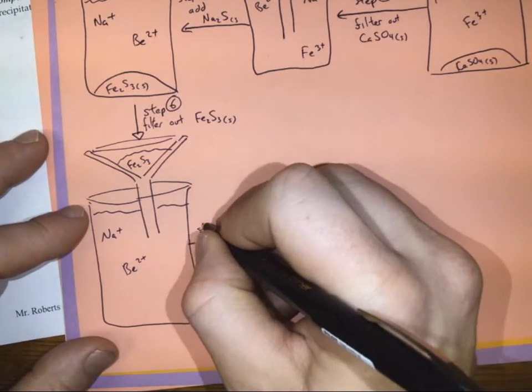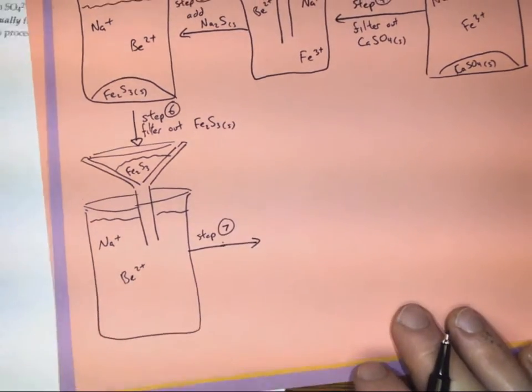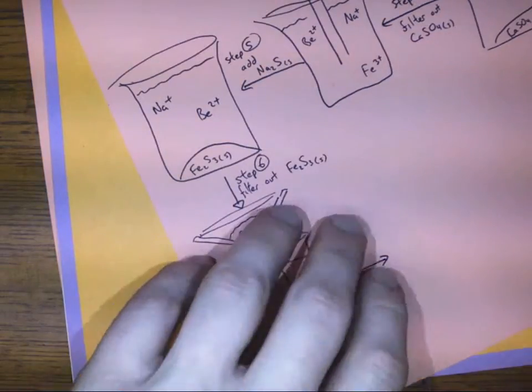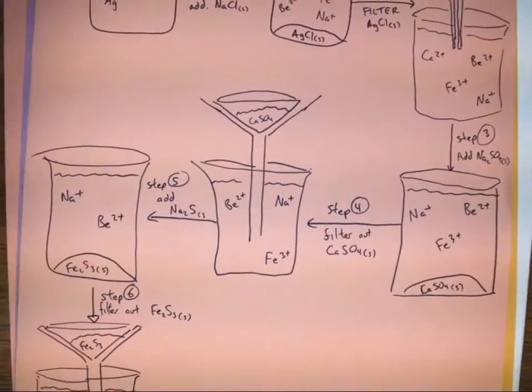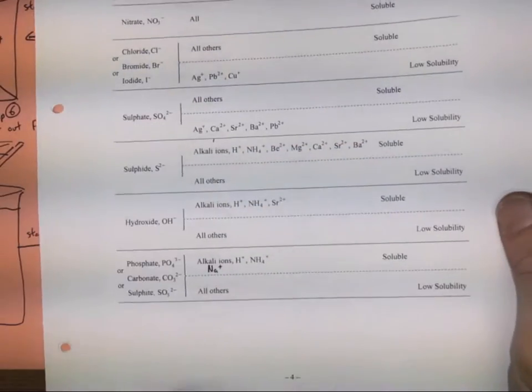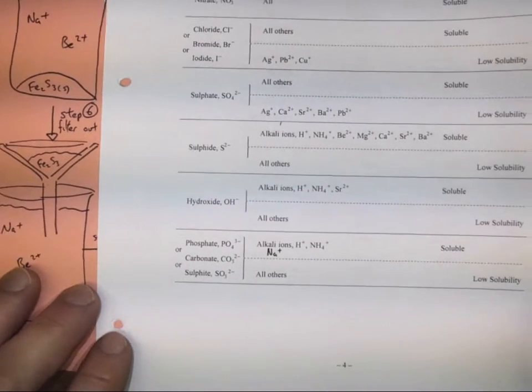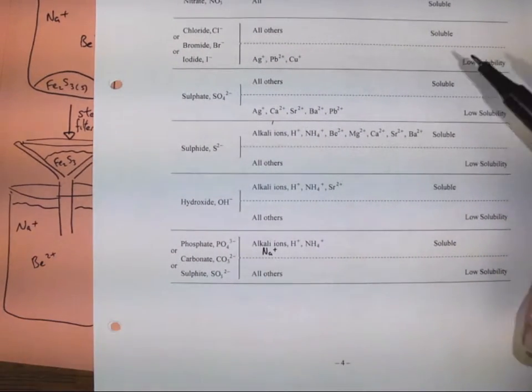So for step 7, a lot of steps, we can go to our ion table and say, well, what's going to take out beryllium but not sodium, not an alkali ion? Okay.